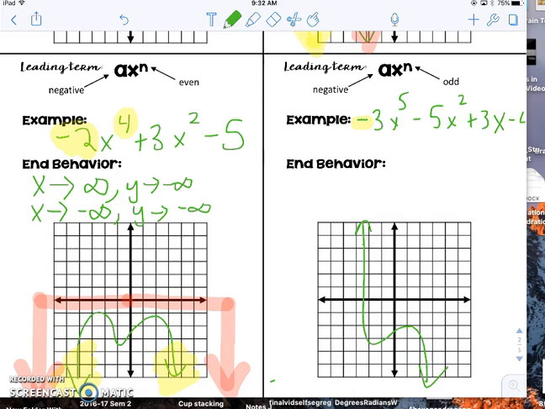So let's see, as x gets bigger, as x gets smaller. As x gets bigger, our graph is going down. As x gets smaller, our graph is going higher. So as x gets bigger, y is getting smaller, and as x gets smaller, y goes to infinity.